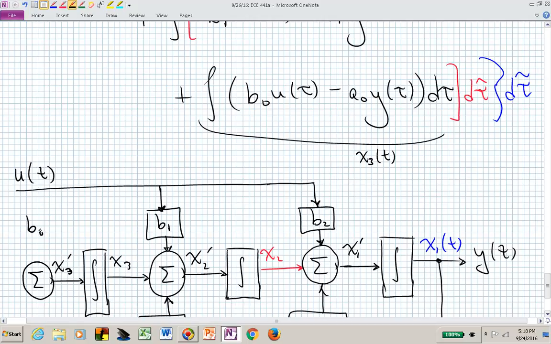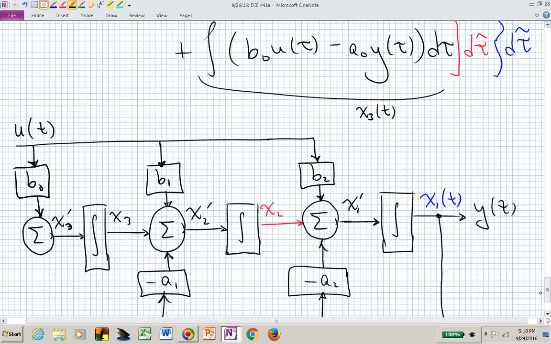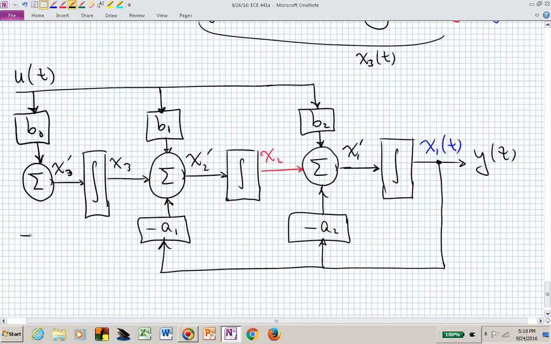One of those signals is made up of a scaled input, and the input is scaled by b sub 0, and another signal making up x sub 3 prime, which is the argument of the integral, that last integral, is minus a sub 0 y. And there is our block diagram.